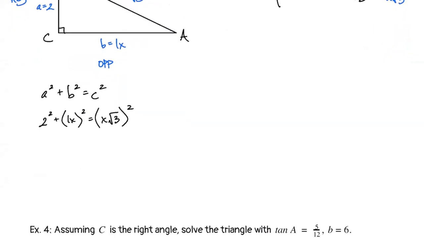What does 2 squared give us? Four. Good. What does (1x) squared give us? Yeah, 1x times 1x gives me x squared. Good. What about that right-hand side?